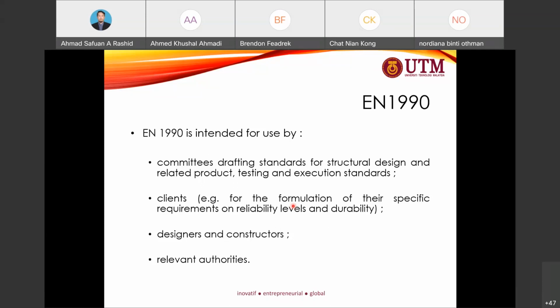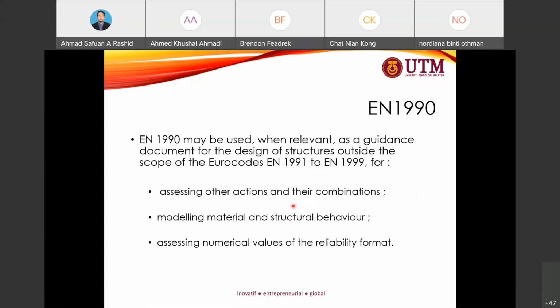So designers, contractors, and relevant authorities should understand EN 1990 well. EN 1990 may be used, when relevant, as a guidance document for the design of structures outside the scope of Eurocodes 1991 to 1999, for assessing other actions and their combinations, modeling material and structural behavior, and assessing numerical values of the reliability formats.